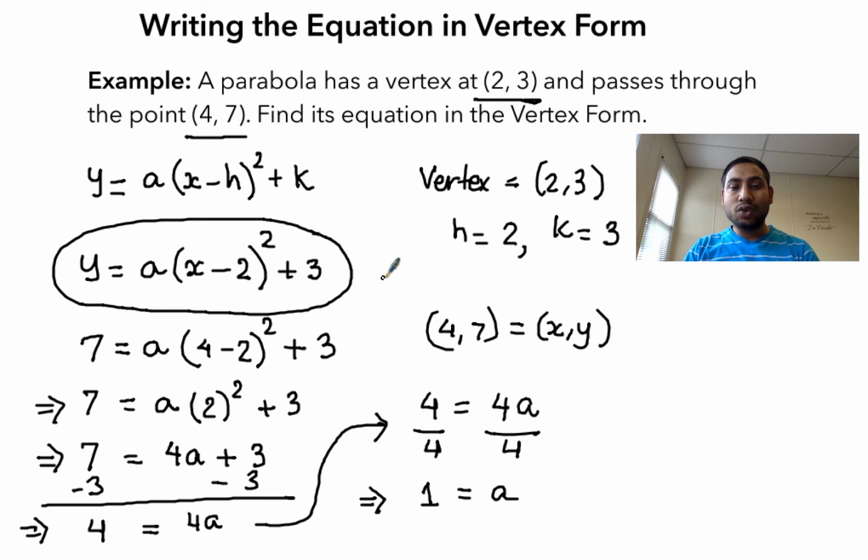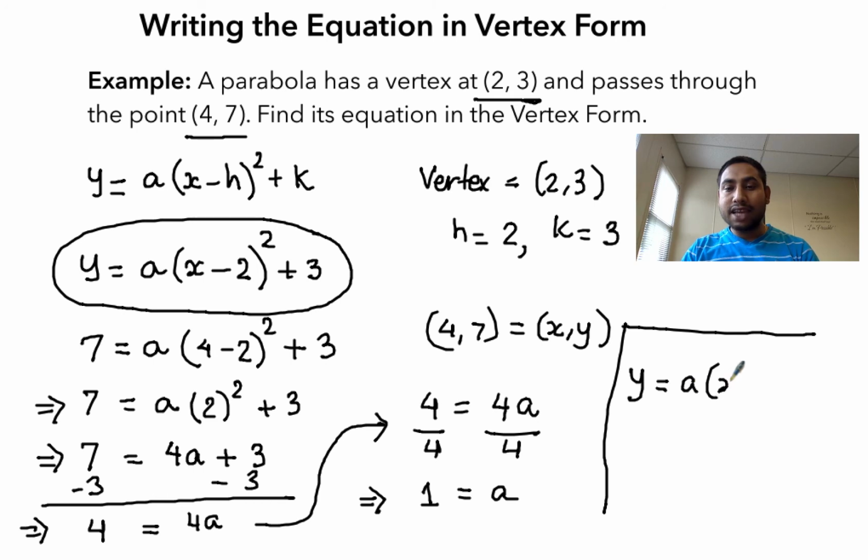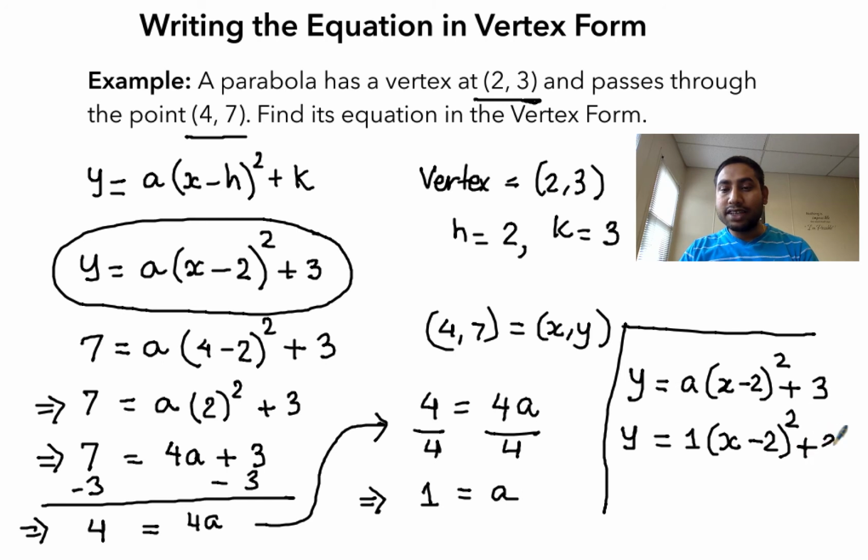So the equation of the parabola then is going to be, I'm gonna do it right here. We had y equals a times (x minus 2) squared plus 3. Let's plug in the value of a. So a is 1, so y equals 1 times (x minus 2) squared plus 3.